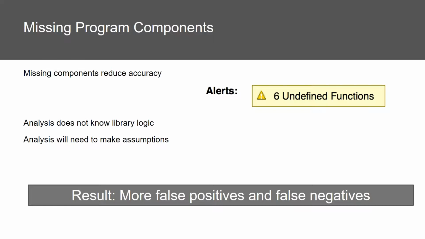Of course, the analysis does not know the logic of the library, and the analysis needs to make some assumptions. And it usually gives some alerts that CodeSonar identifies some function, but can't find the definitions of that.